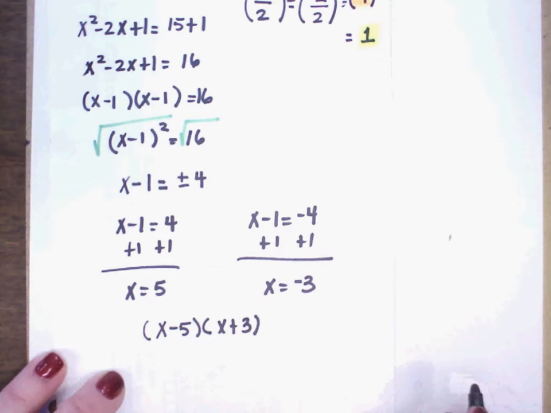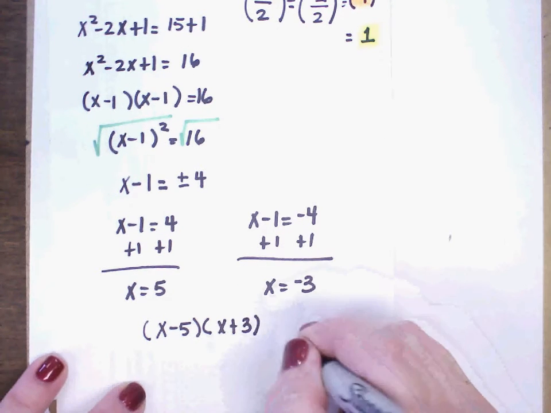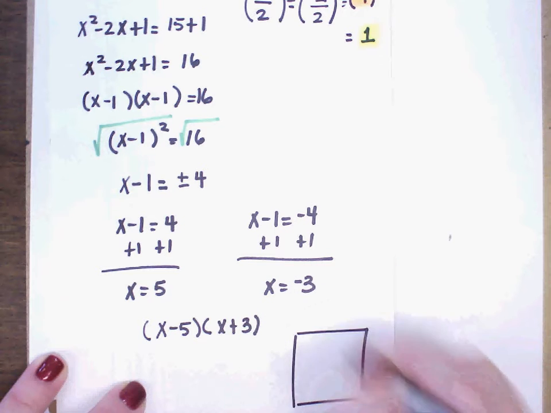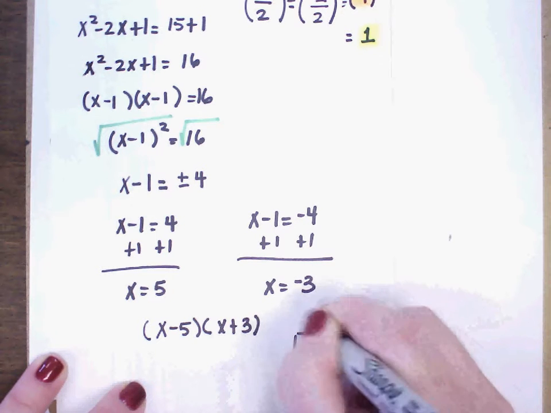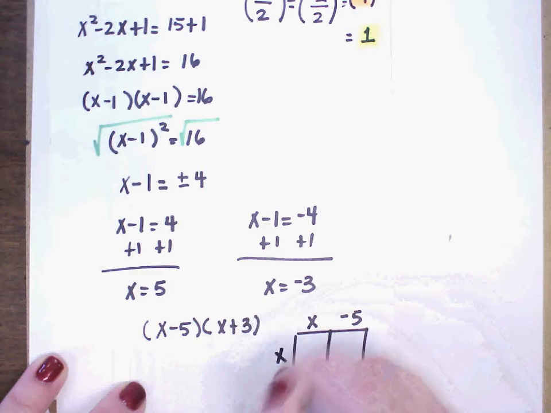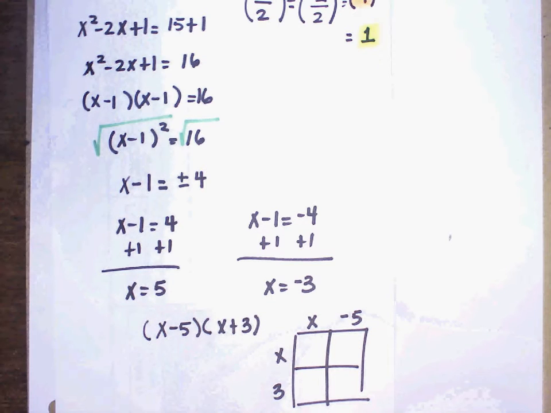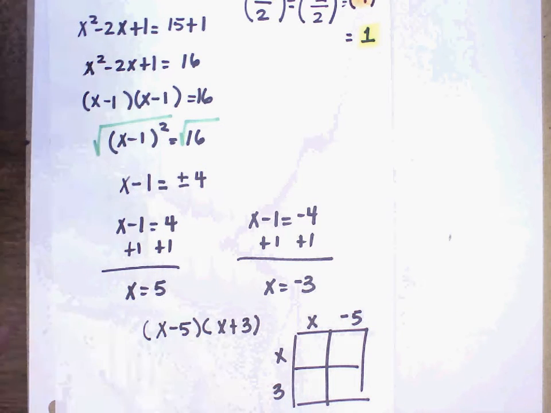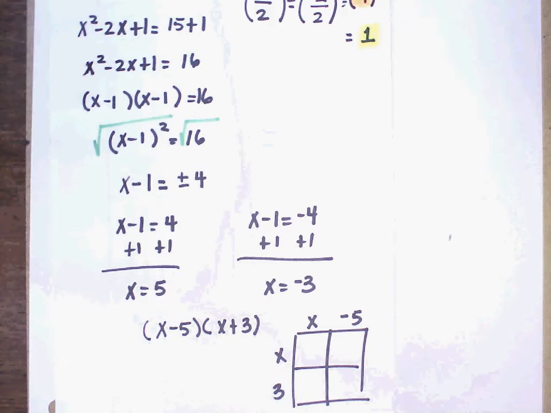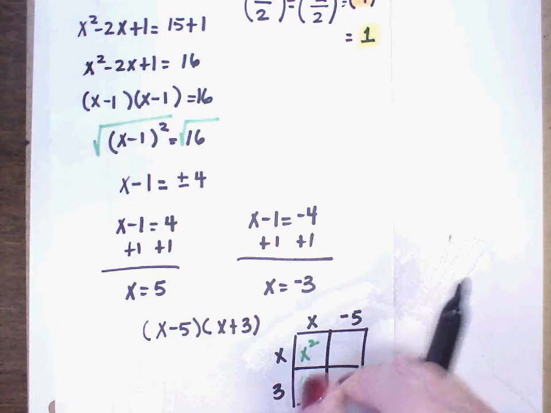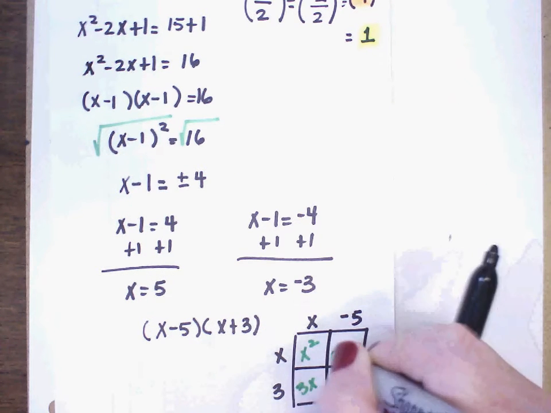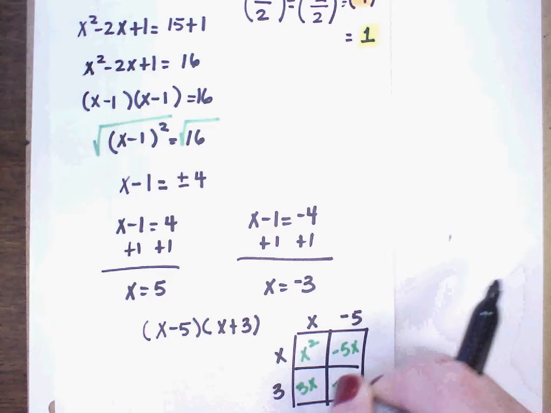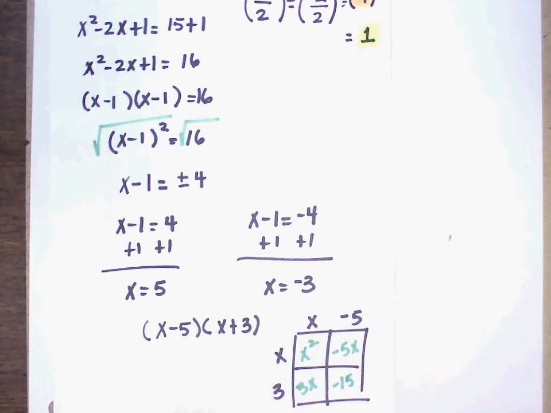If I do the box for this, what do I get? Do the box and tell me what you get. So this was x squared, 3x, minus 5x, and minus 15, right?